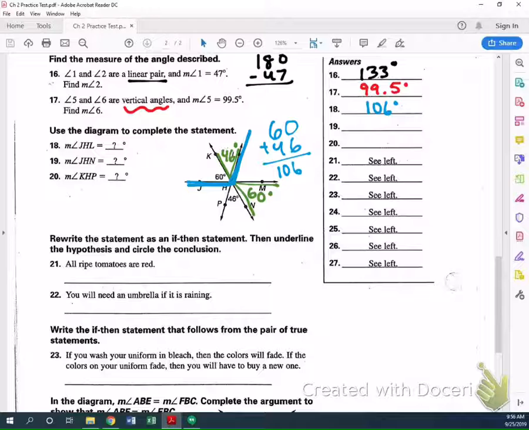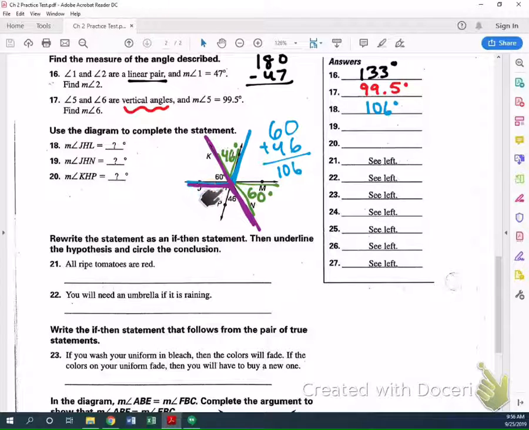JHN. Okay, this one you could do a number of different ways. What I'm going to do is I'm actually going to subtract this angle over here. So do you see how this is a straight line right here? This one's 60 degrees.